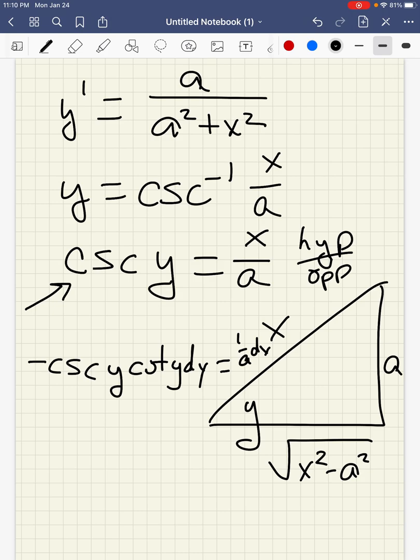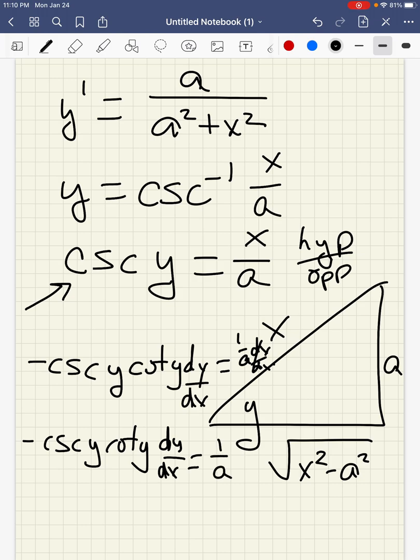And again, we're solving for dy dx, so we're going to divide by dx on both sides. And so negative cosecant y, cotan y, dy dx is just equal to 1 over a. And then we want to get the dy dx by itself.